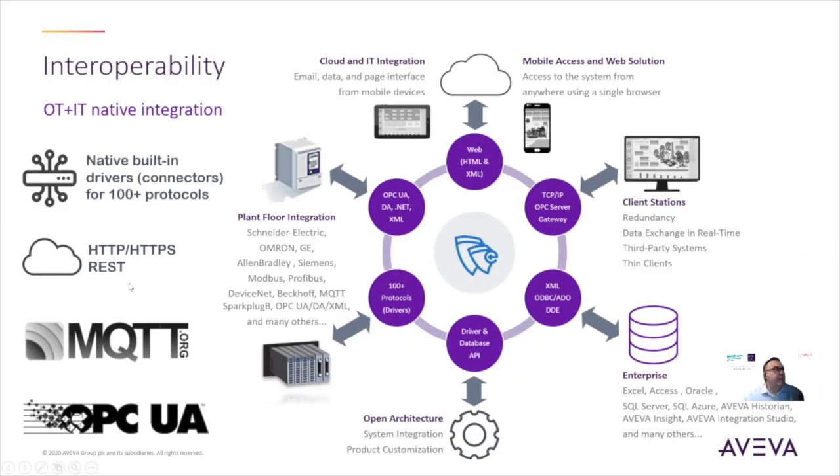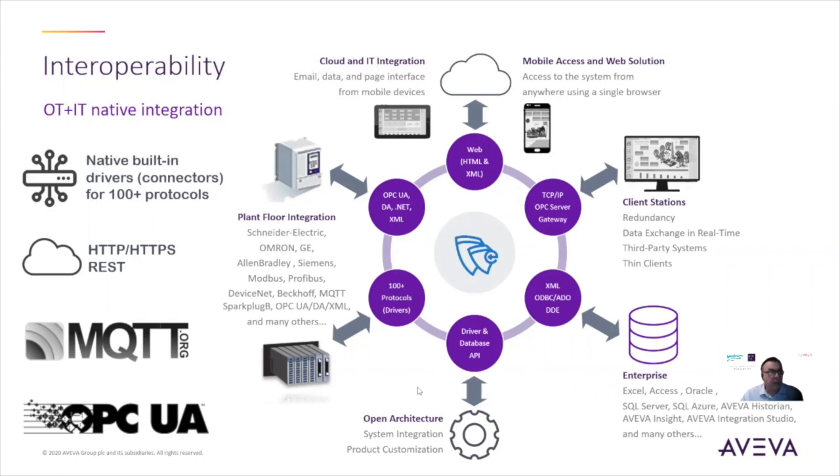But supporting REST APIs, supporting different drivers, OPC built in, and again, OPC is not necessary. We have over 100 drivers built in. You can probably get to the PLC or the device or the thing that you need to communicate with. So making that kind of easy as you go.